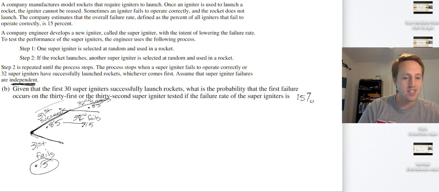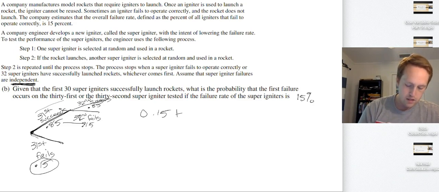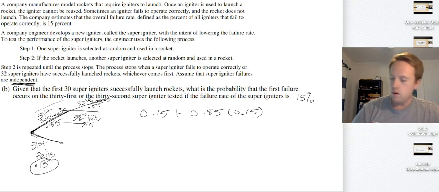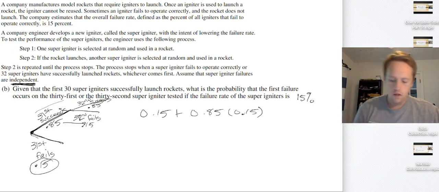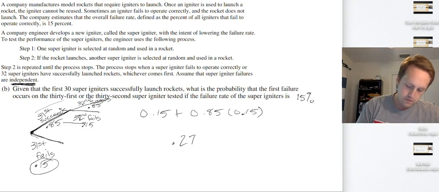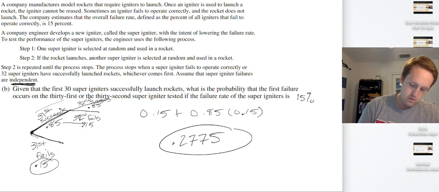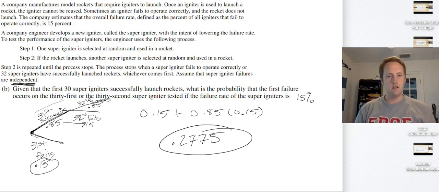Because the 31st has to succeed for me to ever get to the 32nd. So it's going to be 0.15 plus 0.85 times 0.15. So remember, we multiply down the branches when we do these tree diagrams. So that is going to be 0.2775. Isn't probability fun?